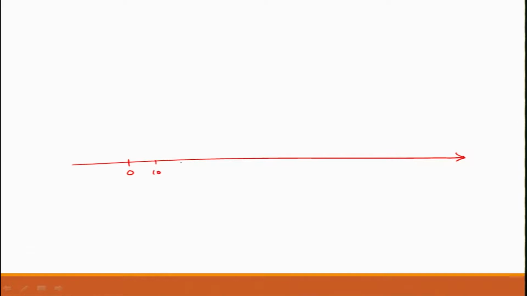0, 10, 20, 30, 40, 50, 60, 70, 80, 90, 100, 110, 120. Let us assume it this way, and here we have minus 10, minus 20 like this, and the starting value of the fence was 45.